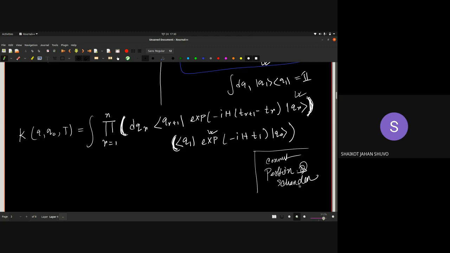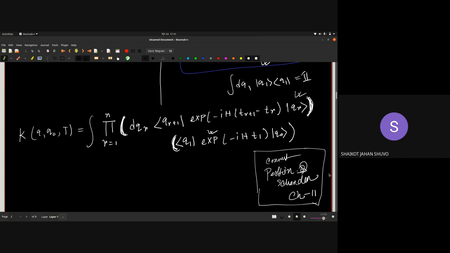I don't exactly remember the chapter number, perhaps chapter 11. They do not assume that the intervals between the time steps are equal, but you can do that, because at the end of the day, you are taking the limit of those intervals going to 0.